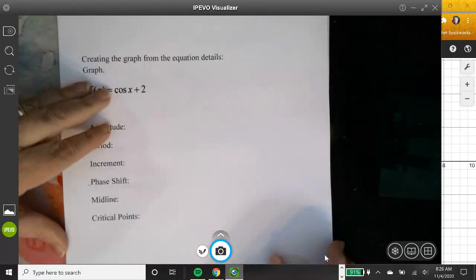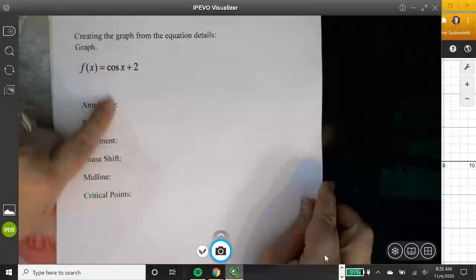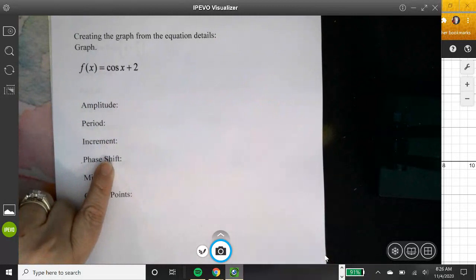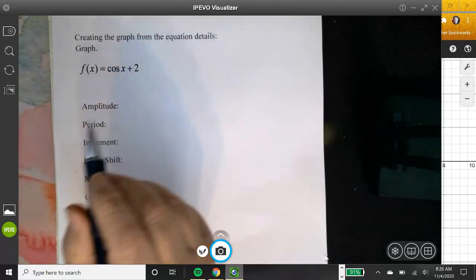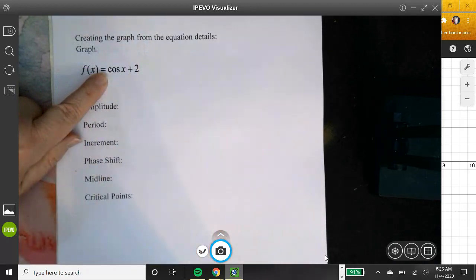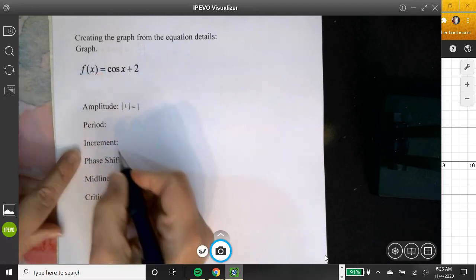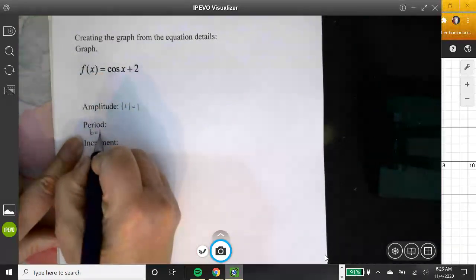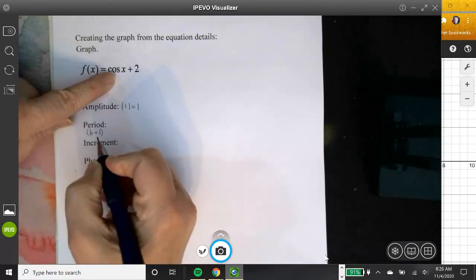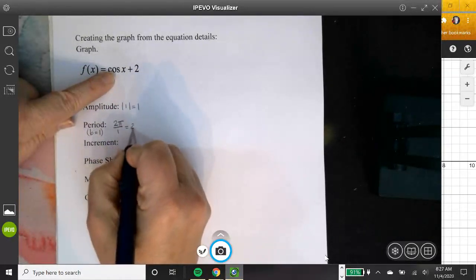So here we are. We're going to graph this curve, just taking all the details off of this equation. So what is A? Well, A is 1 here because that's the coefficient of the cosine. So the amplitude is the absolute value of 1, which is 1. The period factor B is 1, and that's always the coefficient of the x. And so the period is going to be 2 pi over 1, which is 2 pi.